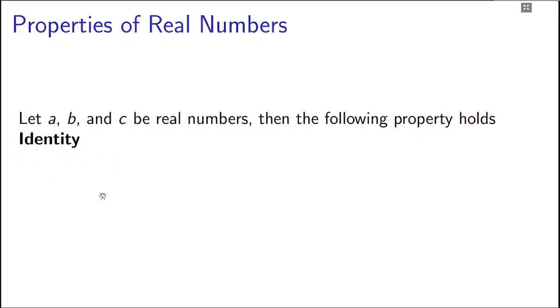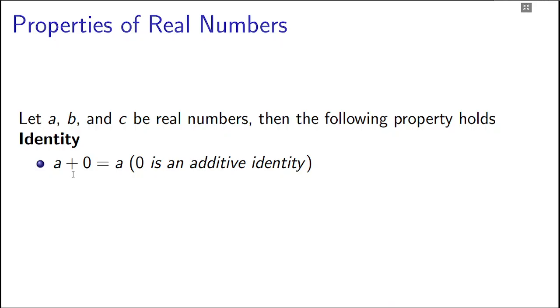Next we have the identity property. An identity is something that doesn't change the structure of an object. In this case, first we have an additive identity. This is unique. It's the number 0. So 0 is an additive identity.